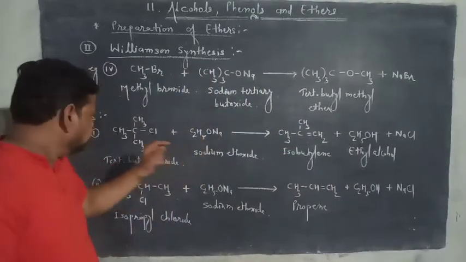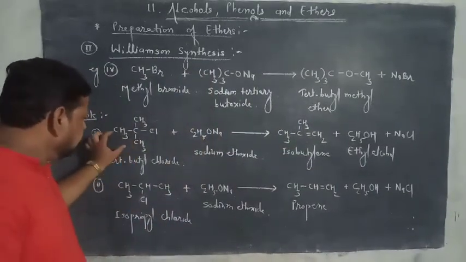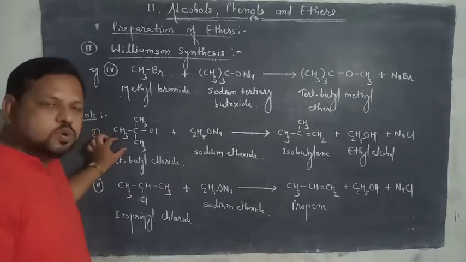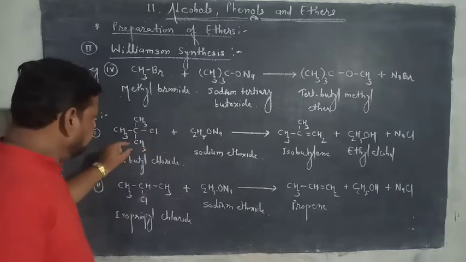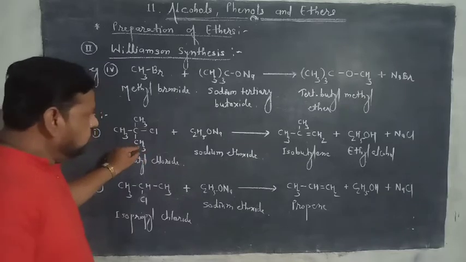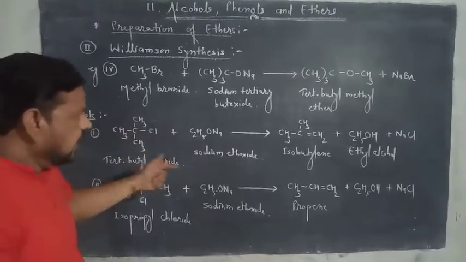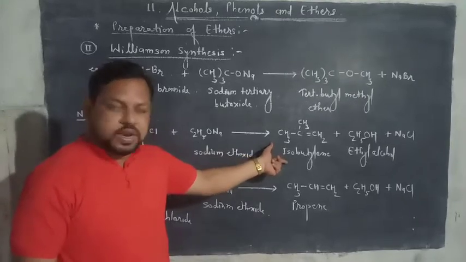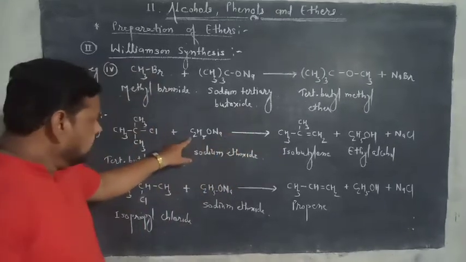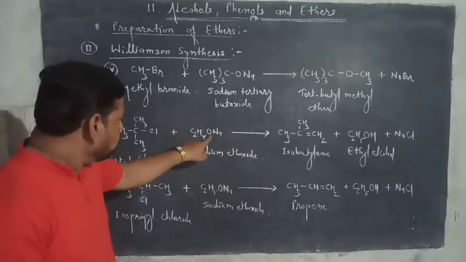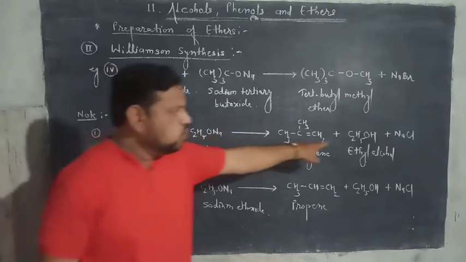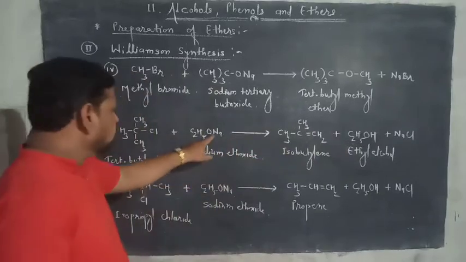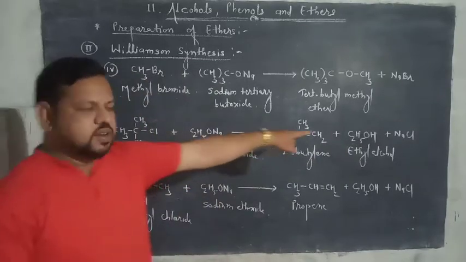See here, what will happen from this tertiary butyl chloride? This tertiary butyl group eliminates one hydrogen atom and gives the isobutylene. Then this C2H5O and one hydrogen atom give C2H5OH, and the remaining portion is NaCl.